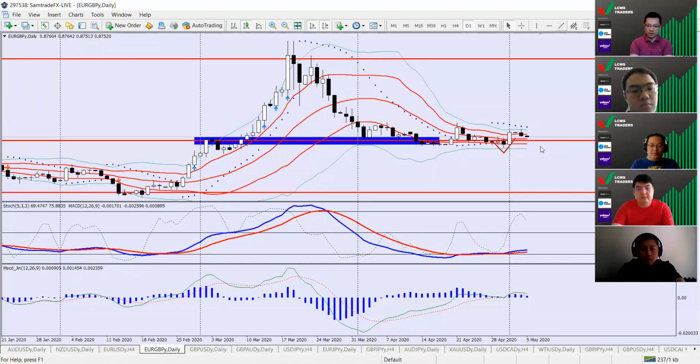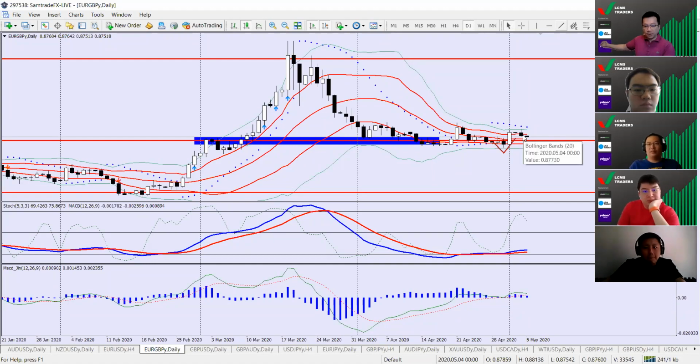So I still do think that we're not going to see much clear direction coming from the euro pound, but again, another straddle strategy could be in play coming up, because it's sitting on that zone on the daily time frame. We could see it if it does break upwards. Give me 1 second.